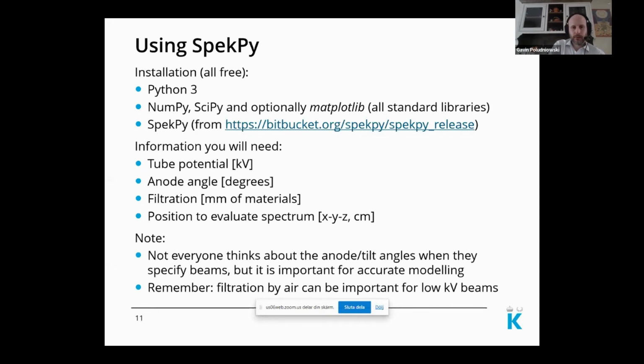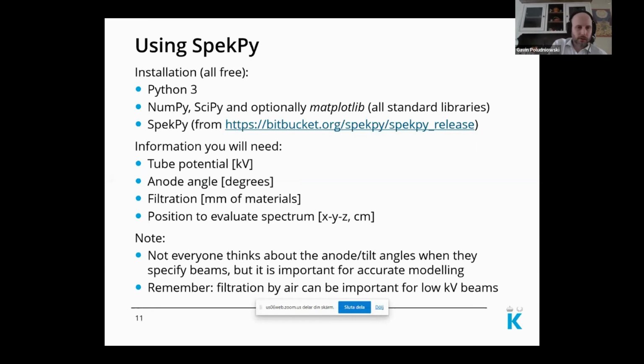A couple of notes here. Not everyone thinks about specifying anode angles or anode and tilt angles when they specify their X-ray beams, but actually it is quite important for accurate modeling. So if ever you are writing something with this in, then please remember to put that in. And also it makes it a lot easier for people who are trying to predict the spectrum.